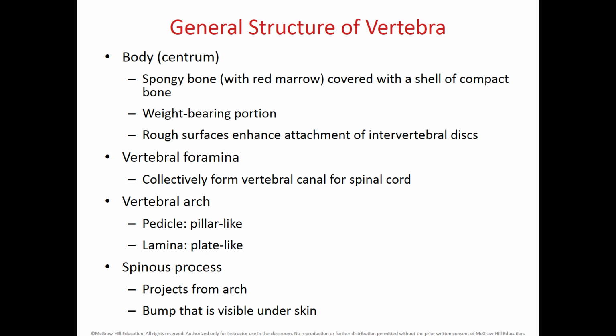The second key point is that the hypophyseal fossa of the sella turcica of the sphenoid bone contains the pituitary gland. The third key point is that damage to the temporal bone will most likely affect the senses of balance and hearing.